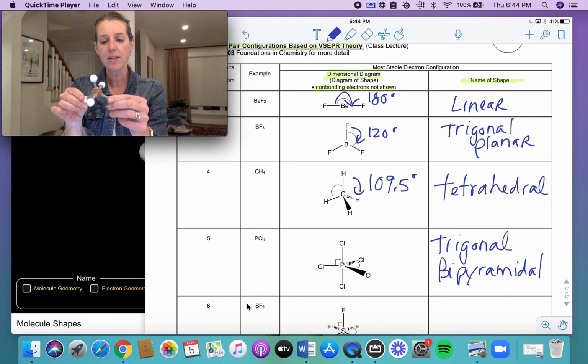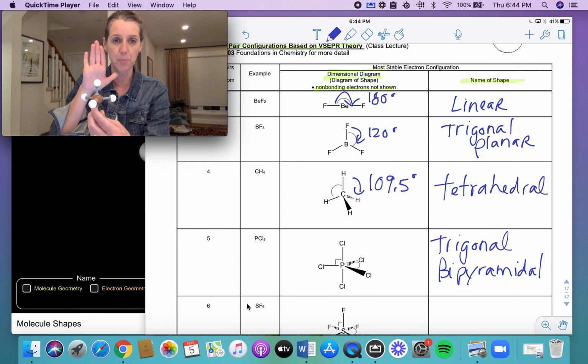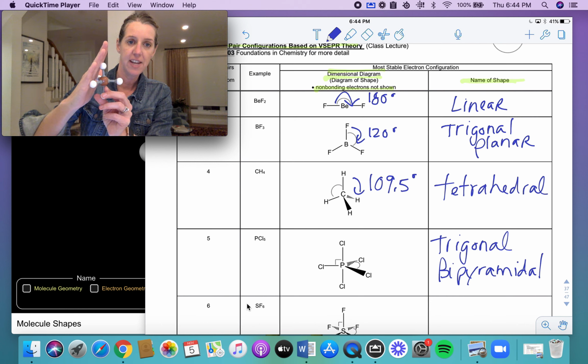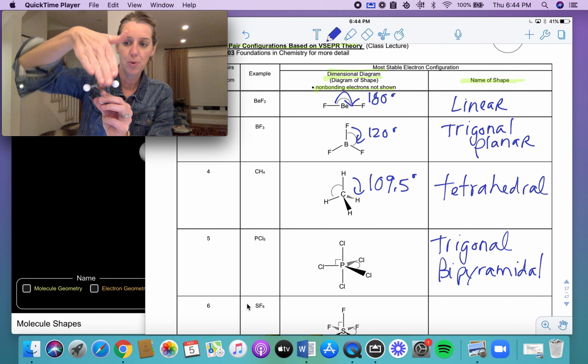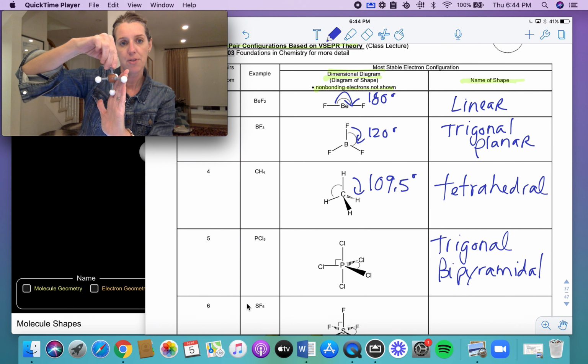Okay, and where does that name come from? Well, it comes from the fact that if you were to think of this as a geometric shape, and there's an animation I'm going to show you that sort of puts the faces onto this geometric shape. If you think of this as one face of the outside of this molecule, on the top you've got 1, 2, 3 trigonal, and you've got the same 3 faces that would be on the bottom.